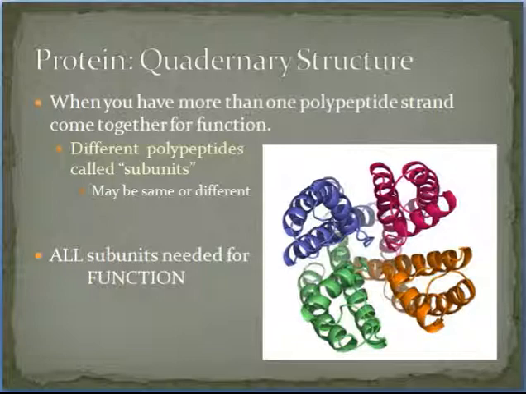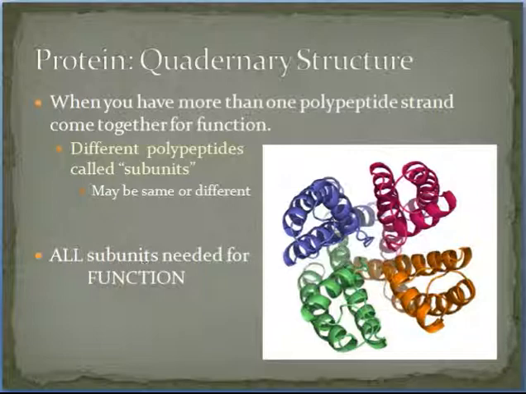I say they may be the same or different. These all sort of look like they were the same sequence, so they all had the same primary structure initially. So we have 4 of the same primary structure, but you don't have to. Sometimes you can have quaternary structure where 2 different things will come and stick together. But they do this for function.